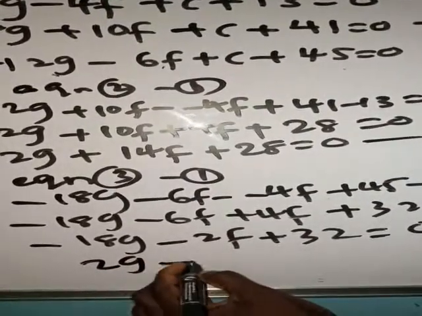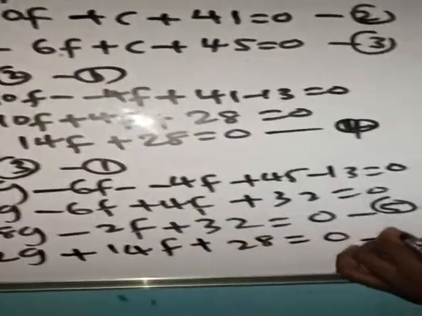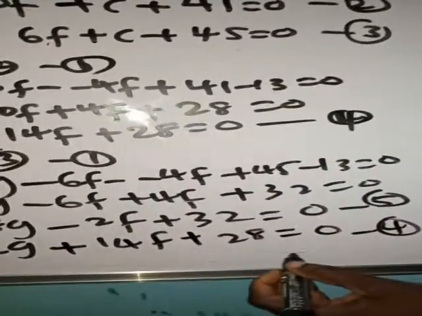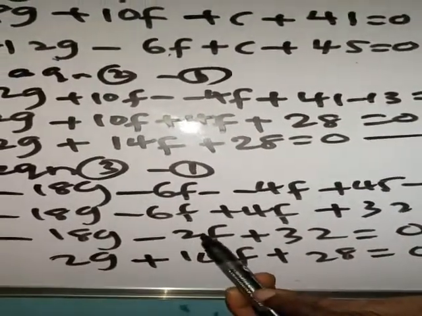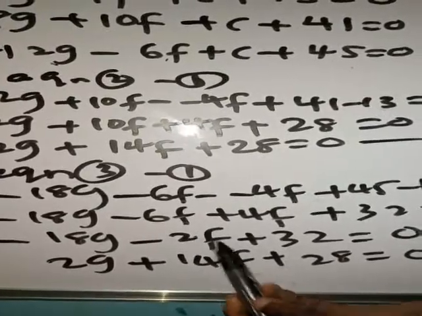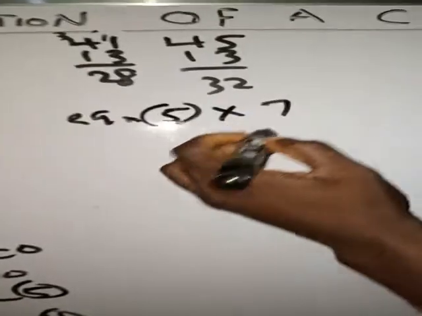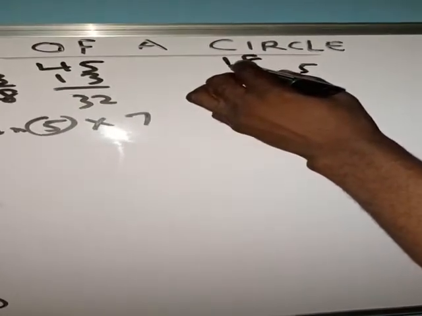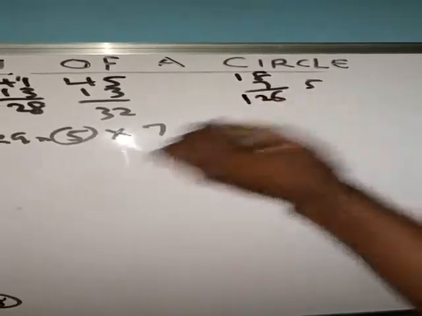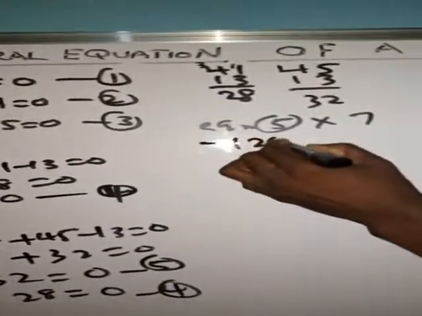So we have 2g plus 14f plus 28 is equal to 0, equation 4. Now if I multiply equation 5 by 7, it will give 14f, and I will eliminate f. So equation 5 multiplied by 7, so 7 times minus 18 is minus 126g.